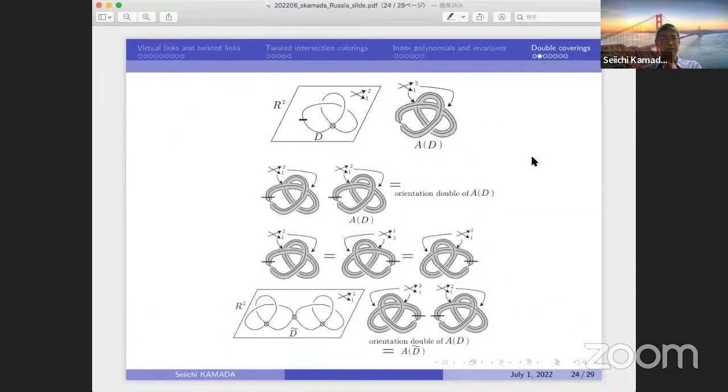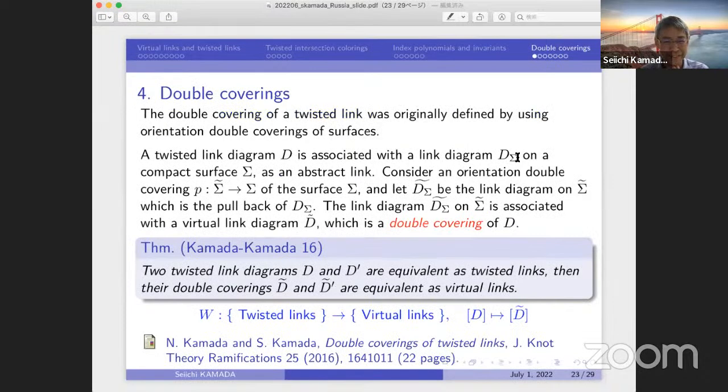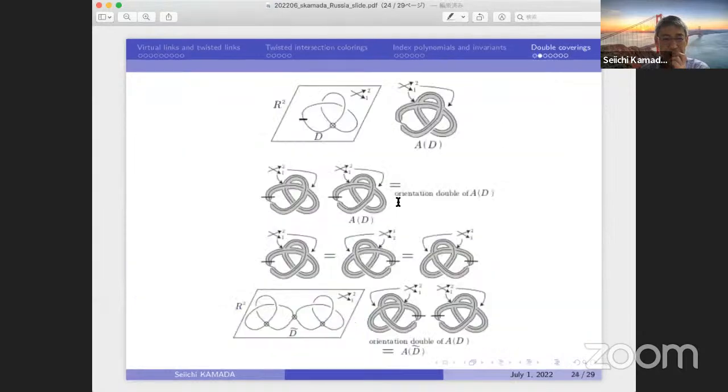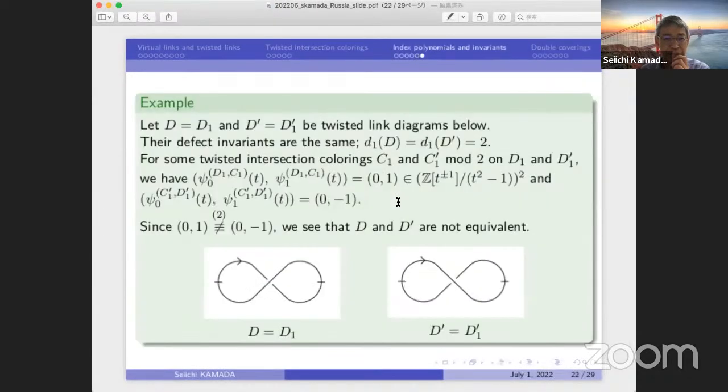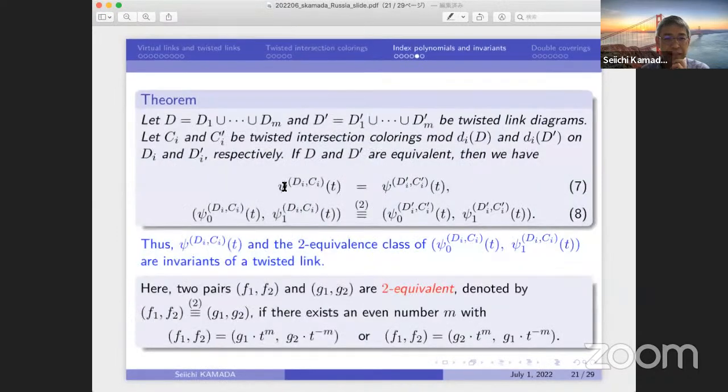Maybe. But I haven't studied the details. When we restrict the first invariant phi to a virtual link with one component, so a virtual knot, okay, we restrict ourselves to virtual link diagrams.